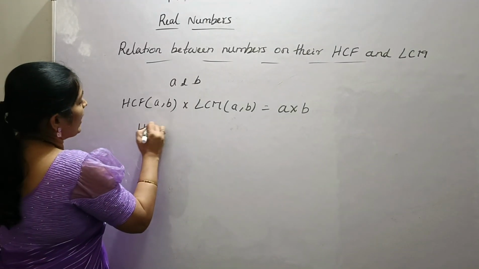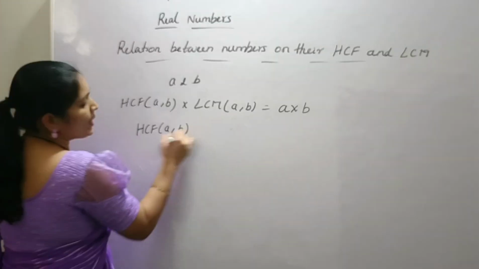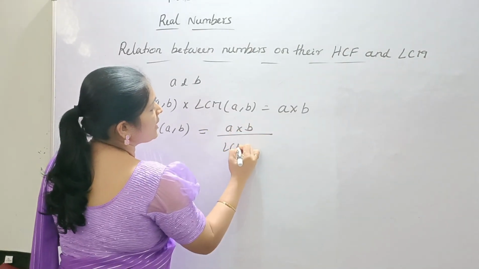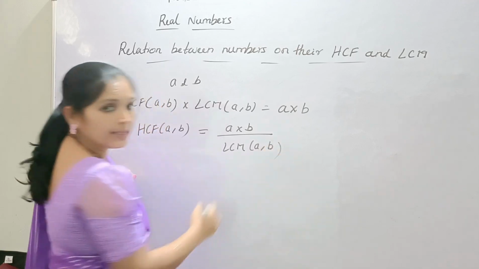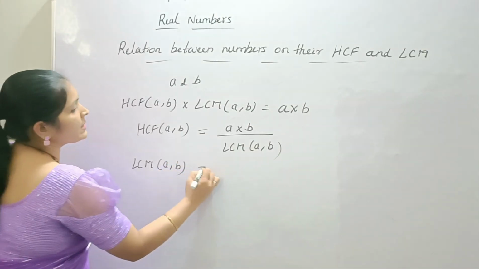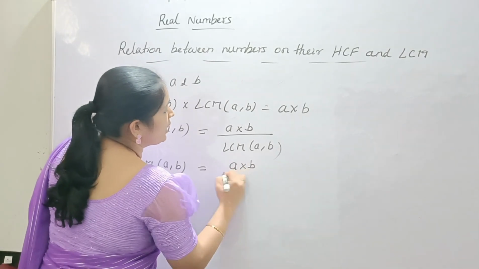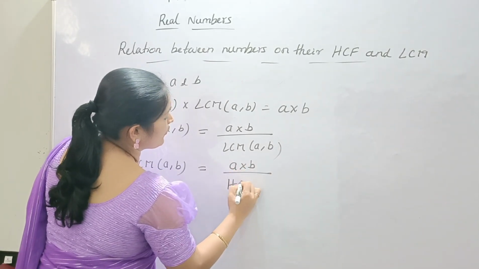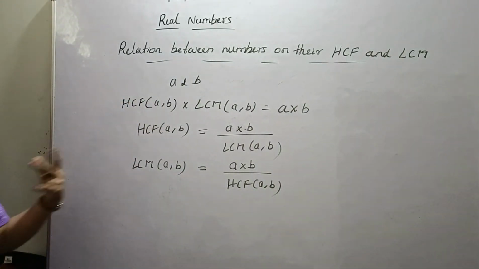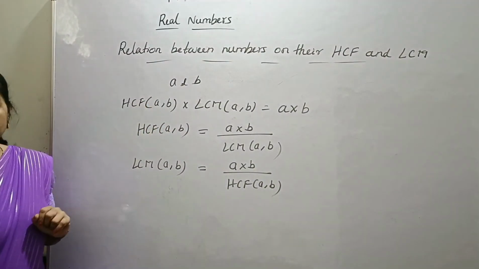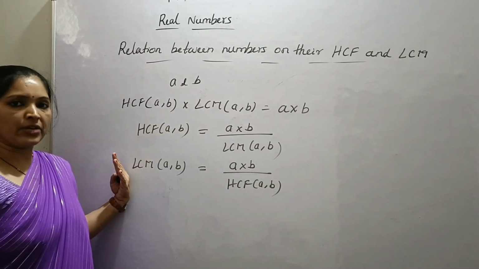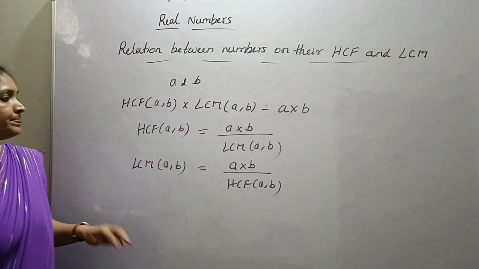So we can write HCF of a and b is equal to a into b divided by LCM of a and b. Right? LCM of a and b is equal to a into b divided by HCF of a and b. If LCM and two numbers are given, then we can find HCF. And if two numbers and HCF are given, then we can find LCM.